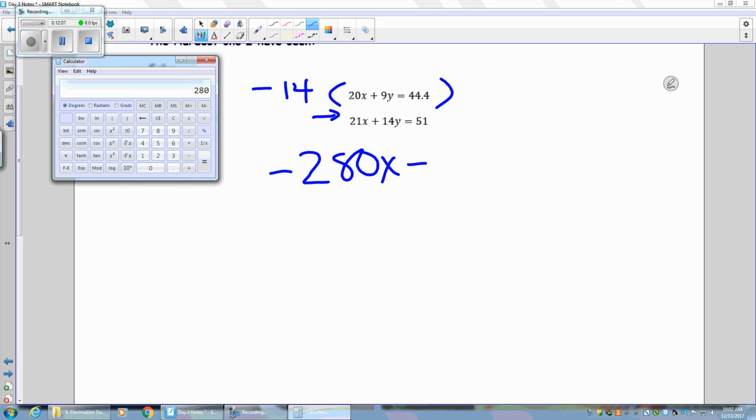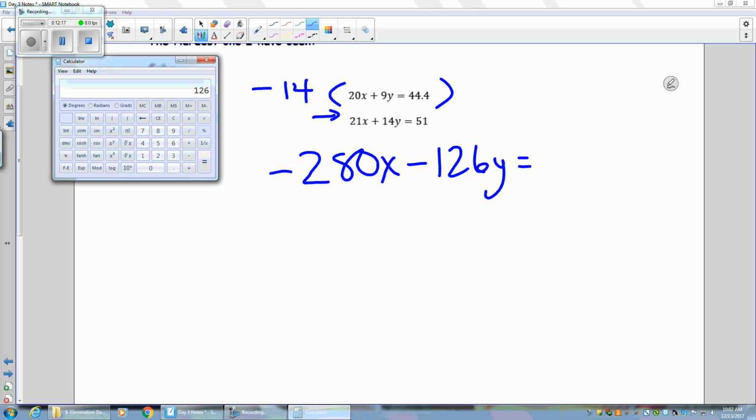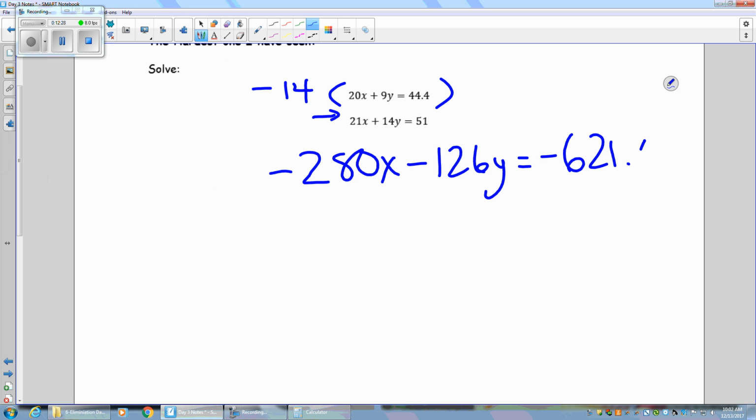Again, something I don't know. 9 times 14 is 126, minus 126 y's is equal to, and I definitely don't know, 44.4 times 14 to get negative 621.6. Negative 621.6.